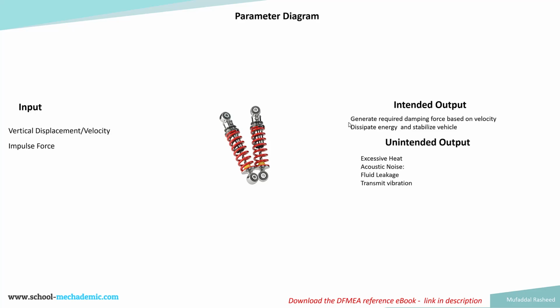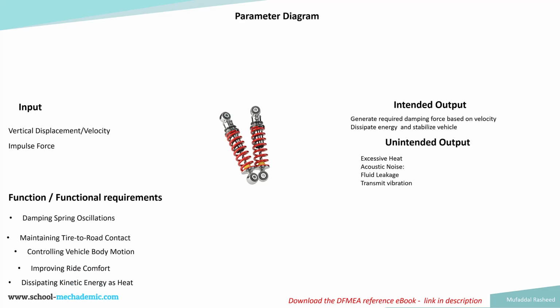The unintended outputs are excessive heat. The shock absorber is generating excessive heat. The shock absorber is generating excessive acoustic noise. It is very noisy in operation. There is some form of fluid leakage which is happening in the shock absorber, or the shock absorber is not performing its function, it is transmitting the vibrations. So these are unintended outputs.